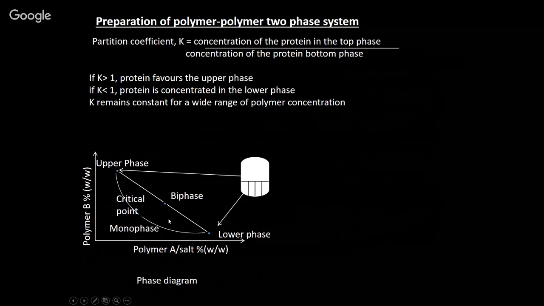If I take this concentration, below this region the entire system is a single phase system, whereas above this it's a biphasic system, so you get good separations. Above this you will be able to separate them, whereas below this it's a single phase, so you will not be able to separate. This is called a phase diagram, and this is called a tie line.